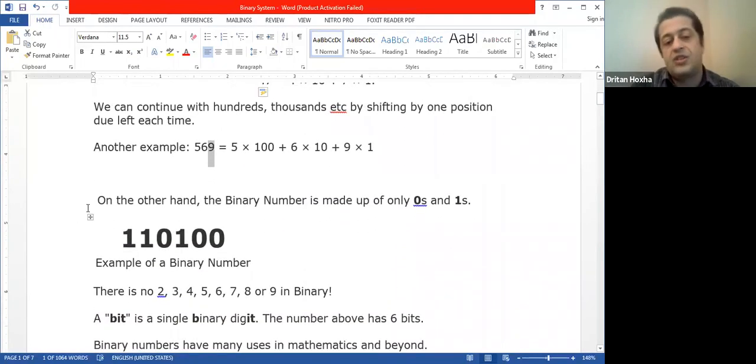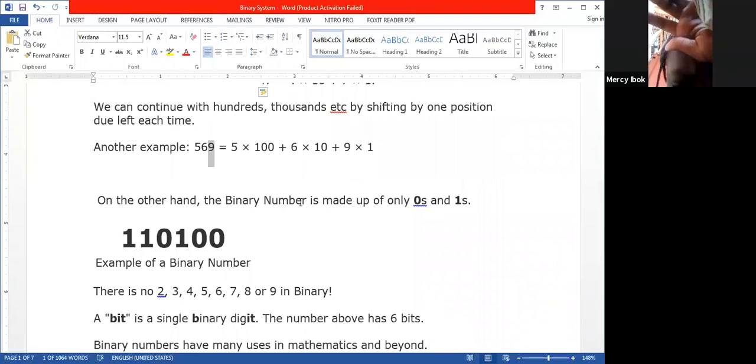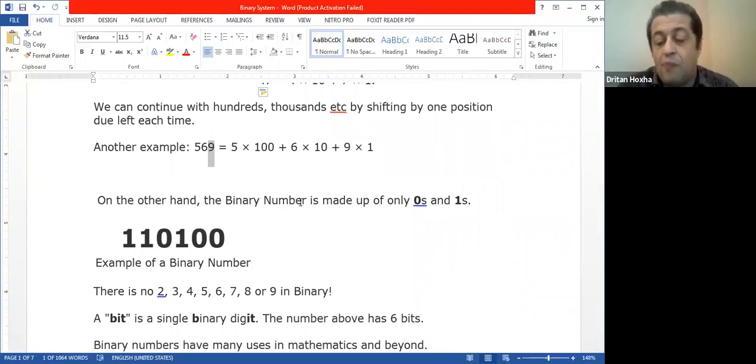Now let's start to speak about the binary system. The binary system is made up only of zeros and ones. It is not like our decimal number system that is composed of 10 digits, from 0 to 9. The binary system recognizes only zeros and ones.